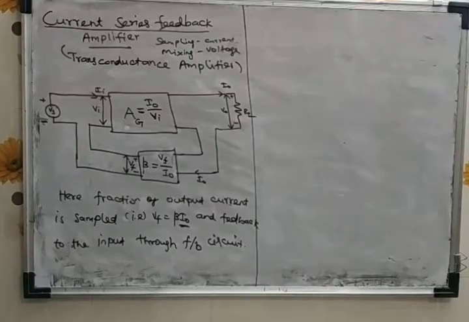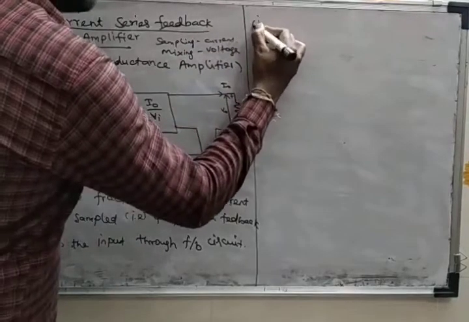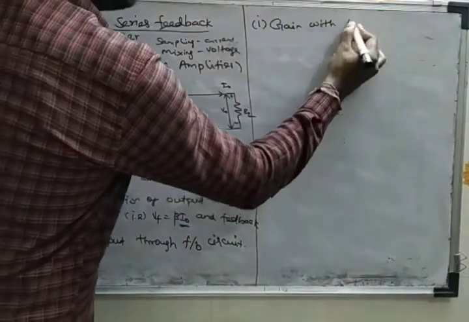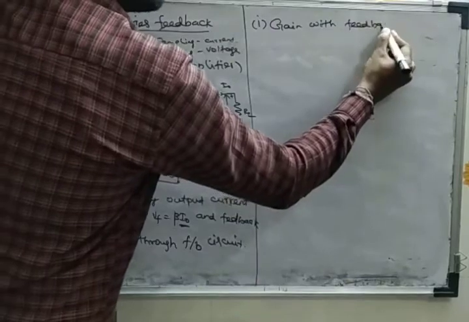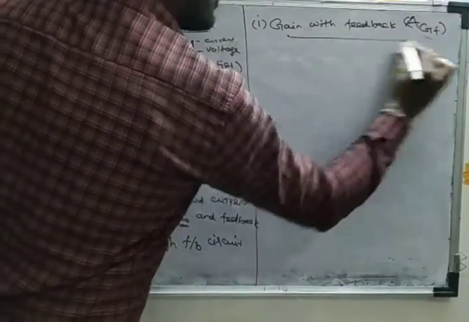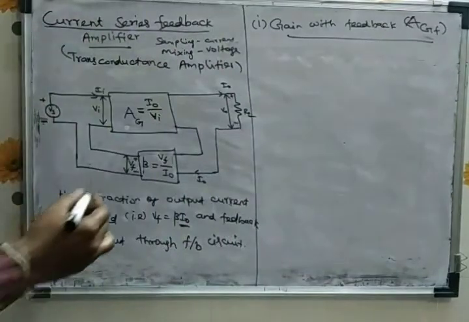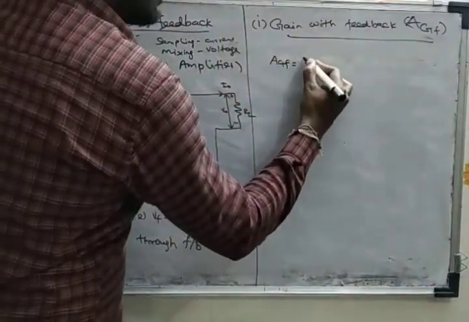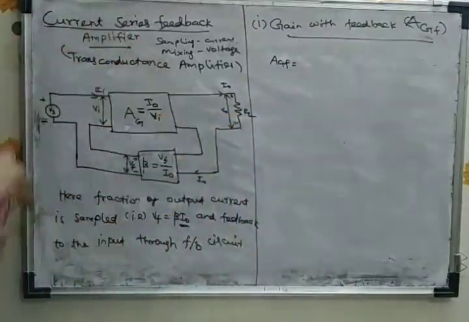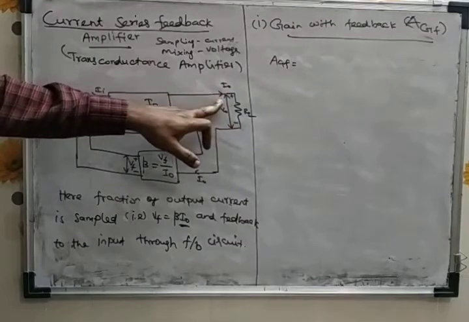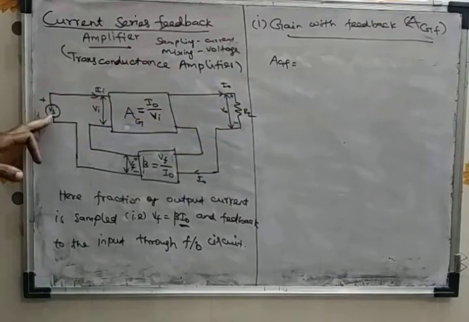So next we are going to find gain with feedback, AGF. So AGF is, gain with feedback, overall output is current and input is voltage, series mixing.